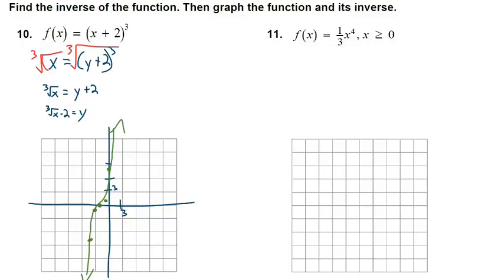So it's also got something right here. And if we go up 1. And if we go over 8, we go up 2. So this we go left 1, we go down 1.